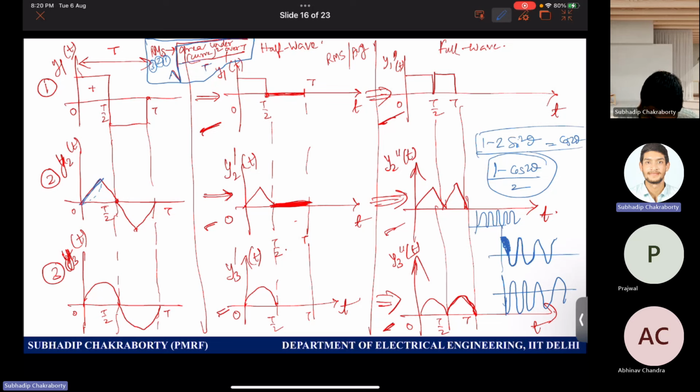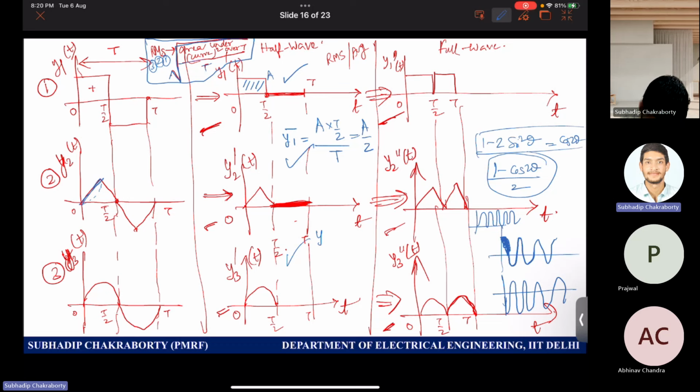So you need to calculate the average value of these three, for example. So how can you do it? What is the average value of the first one? Area under the graph. Maybe you assume this is A. Then A into T by 2 is the area, divided by T, the mean over the full time period. So what is the average value? Y1 bar is A by 2, for the halfway.